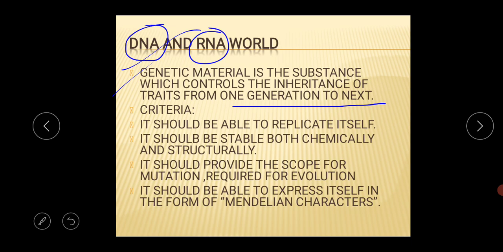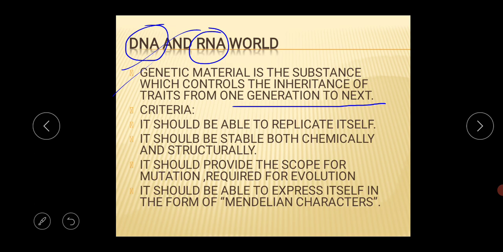First of all, you must know the definition. Genetic material is the substance which controls the inheritance of the traits of each and every characteristic from one generation to the next, from parents to offspring.